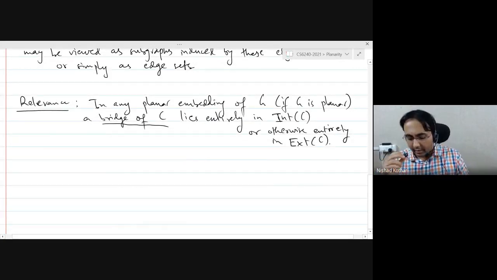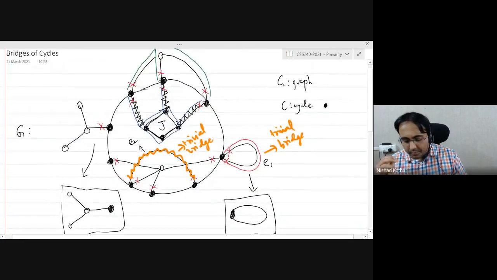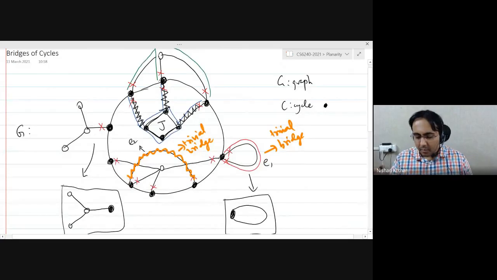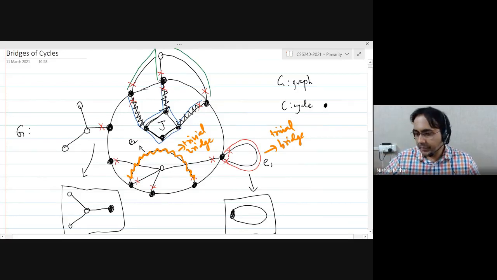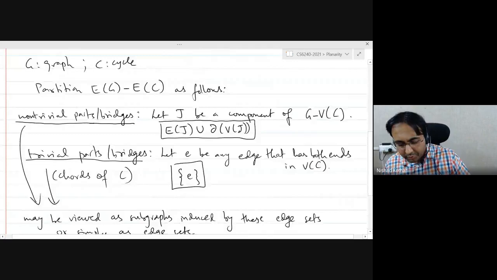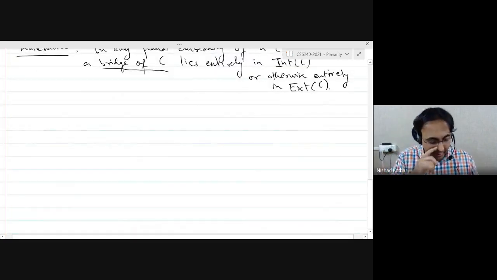Anything that's not clear? Okay. So, if all of this is crystal clear, then let's put down some more definitions.